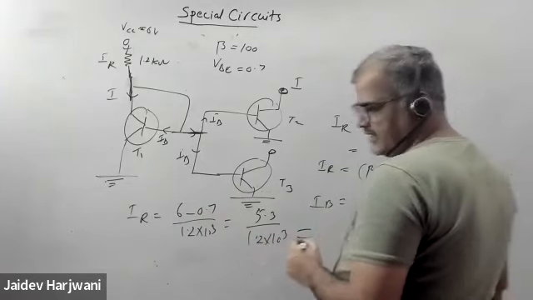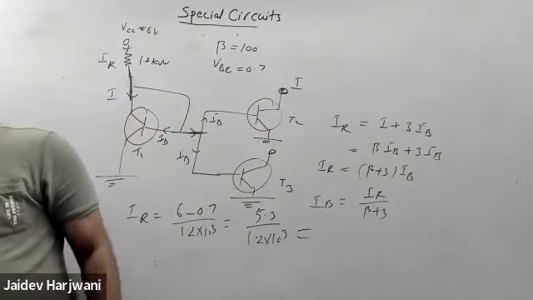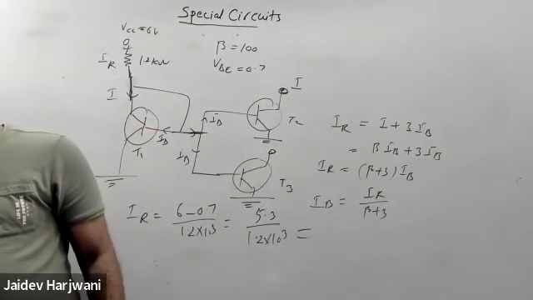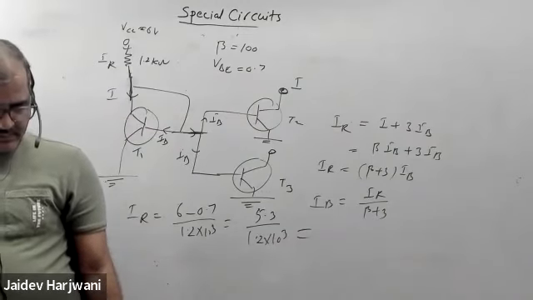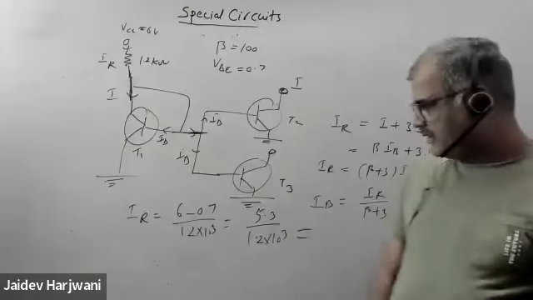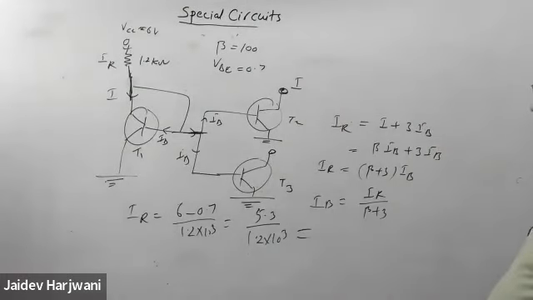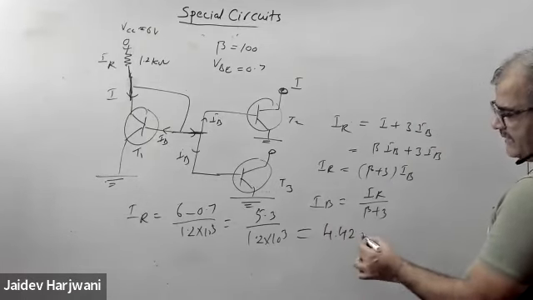How much is IR coming? 4.41 or 4.42 milliampere, say.